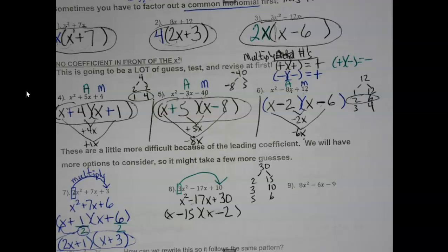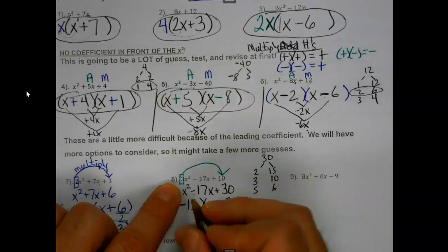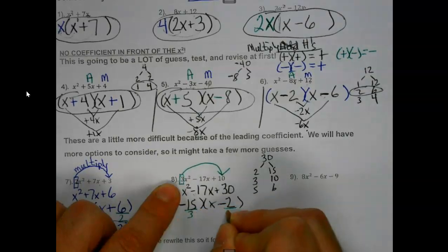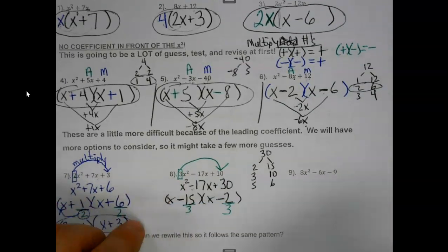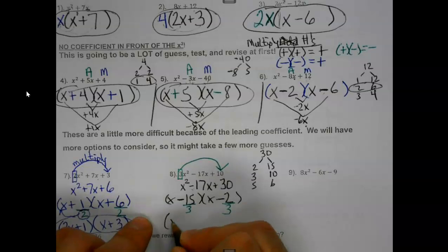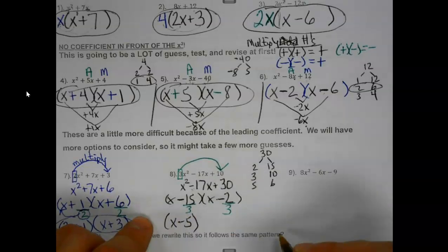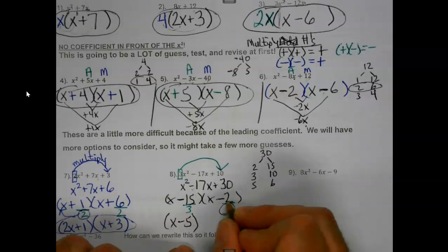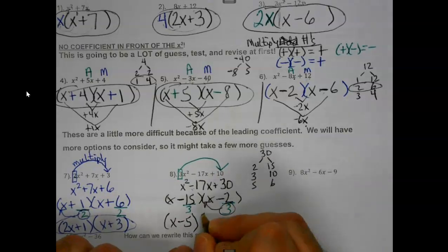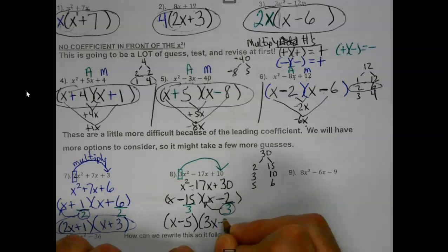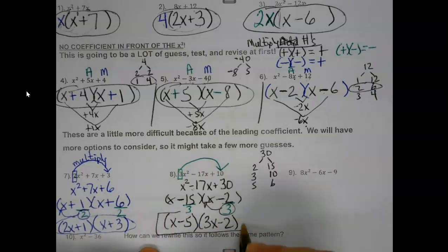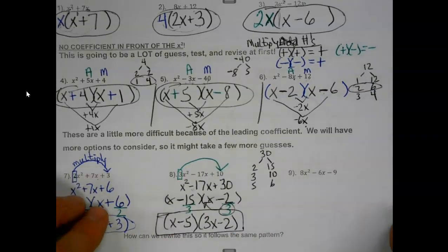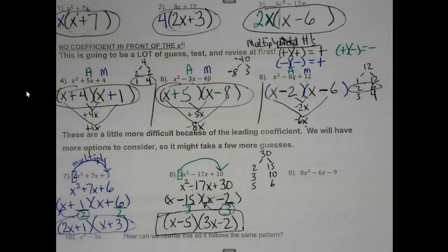So here, there's my 3. Divide by 3. If it goes in nice, great. If you punch it in and you get a decimal, back to the front. Back to the front we go.